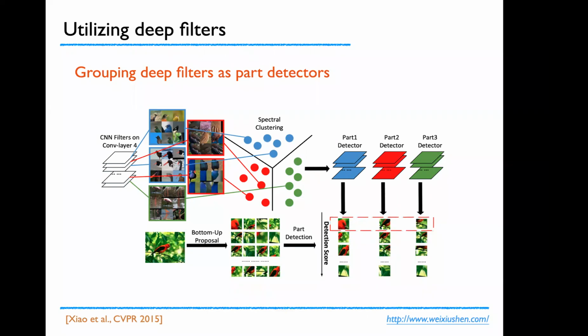For example, in Xiao's work published in CVPR 2015, they performed a spectral clustering based method on the deep filters to form groups, and these groups can serve as part detectors. After obtaining these parts, we can perform the rest of the localization, classification, and network learning paradigms.